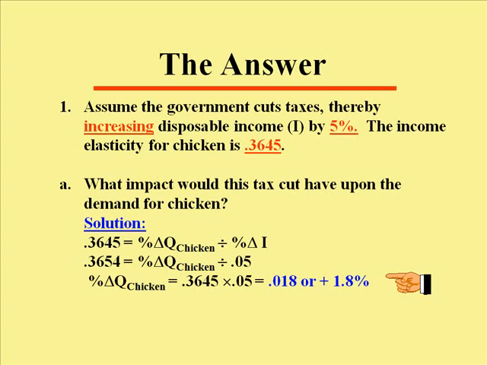That cancels out the 0.05s on the right side of my equation. On the other side, it's 0.3645 times 0.05, which ends up being 0.018 or 1.8%. So if the government cuts taxes and increases disposable income by 5%, I will see an increase in the demand for chicken of 1.8%.